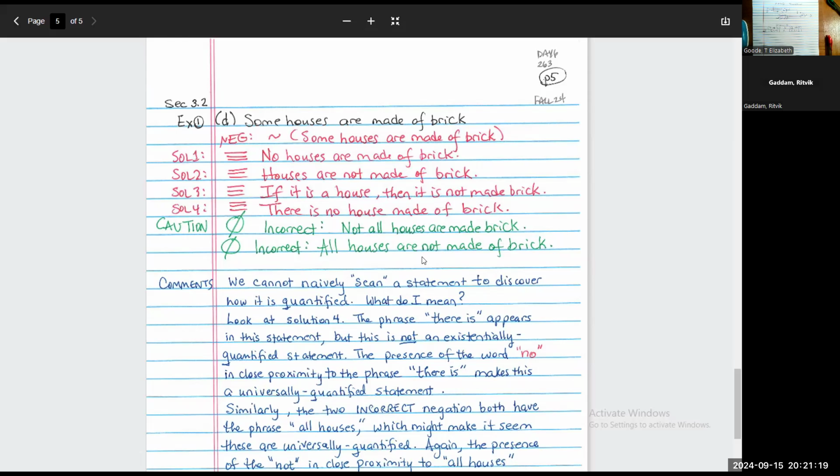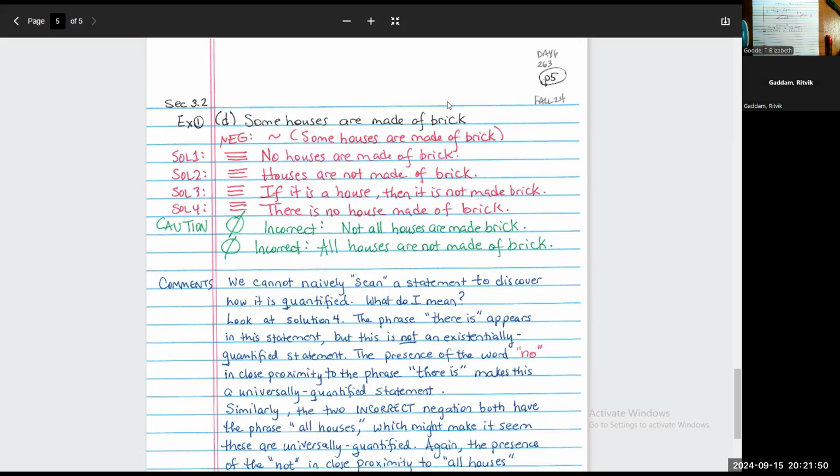So we have to find something that is universal and not existential. The whole point of this is you have to find a negation that's universal. If you're negating an existential statement, the negation should be universal. For part D, the original statement is existential. Some houses are made of brick. That means there exist some houses that are made of brick.